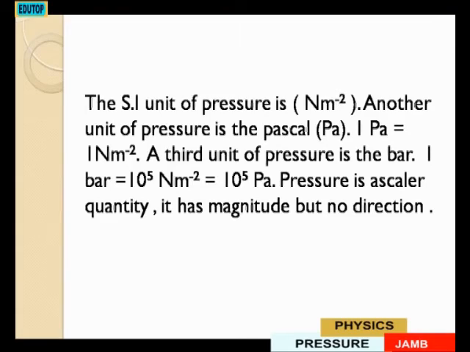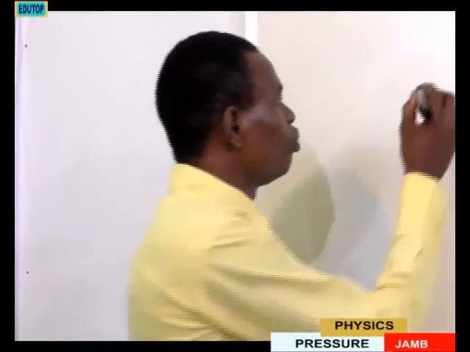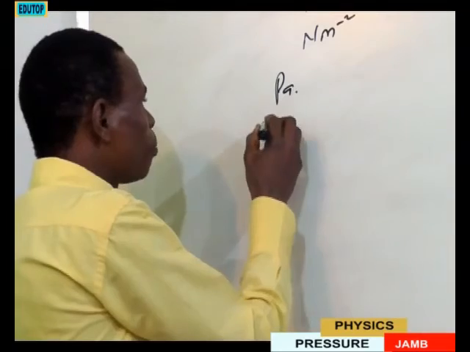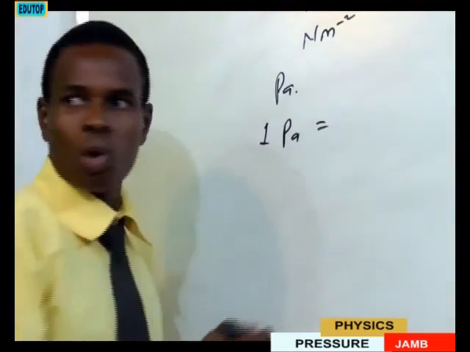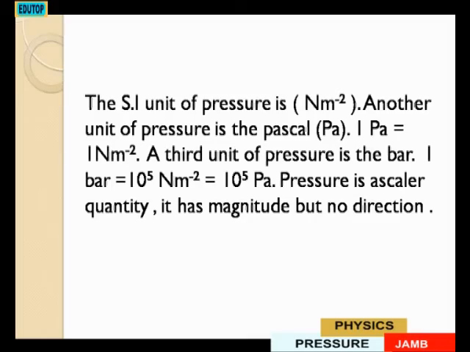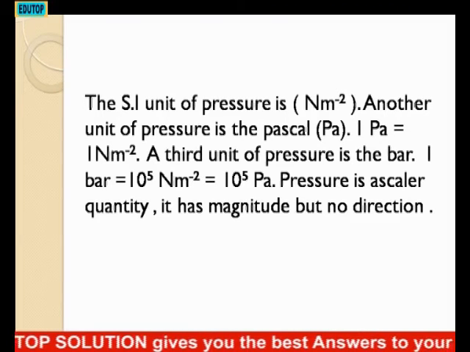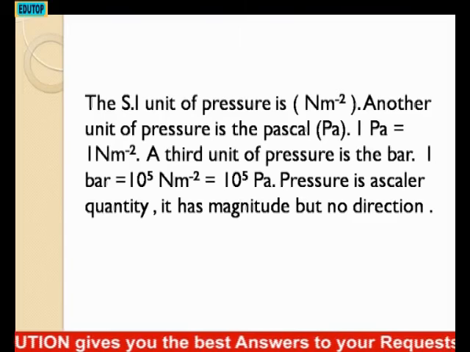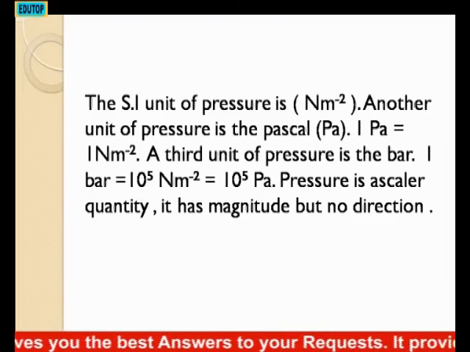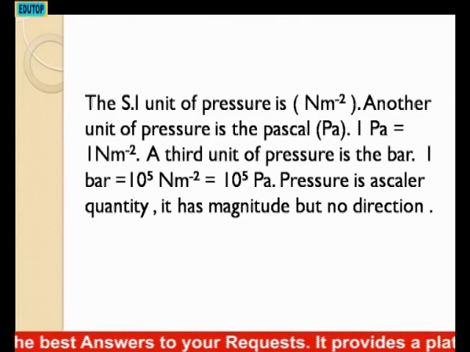But there is another unit of pressure called Pascal, Pa. 1 Pascal is equal to 1 Newton per meter squared.